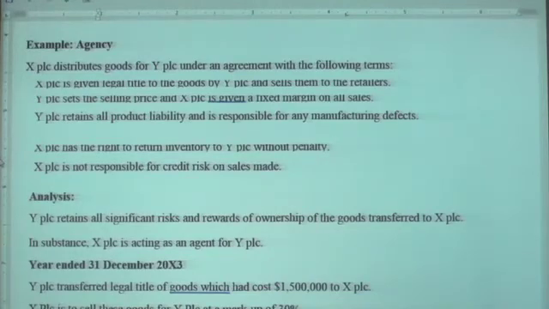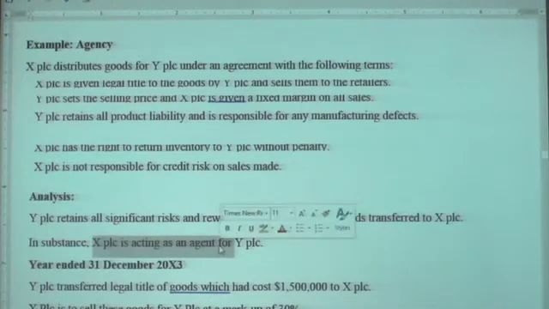Therefore, the risk and reward associated with the goods are always with Y until X sells to a third party. Clear? Therefore, transferring goods from Y to X is not a sale. Is that clear? Therefore, XPLC is acting as an agent of Y.